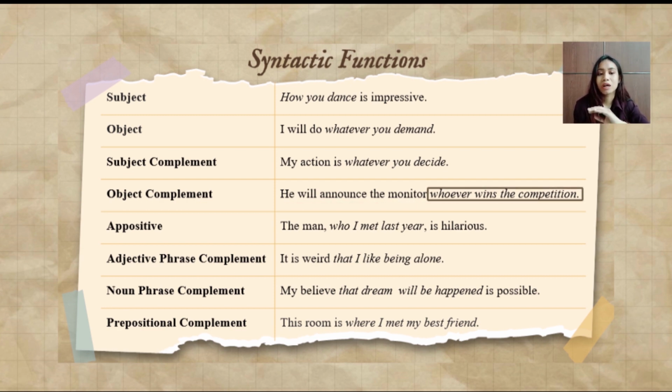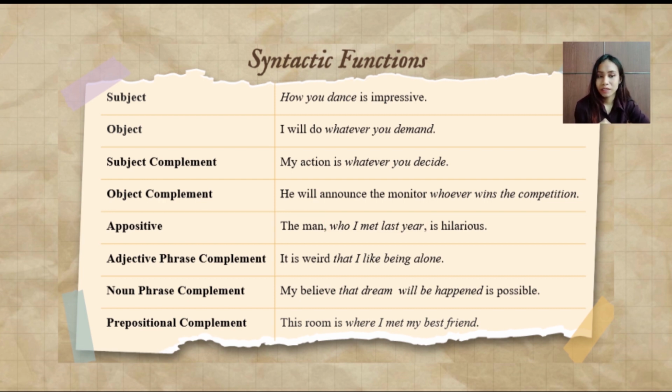Whoever wins the competition is known as object complement because it describes the word the monitor. Okay, next one, an appositive. The man who I met last year is hilarious. Who I met last year here describes the words the man.